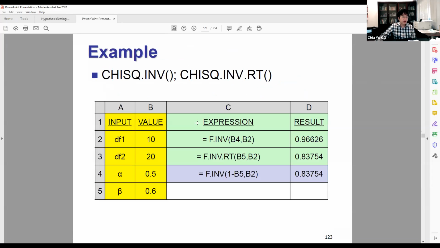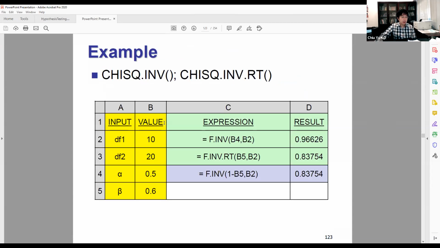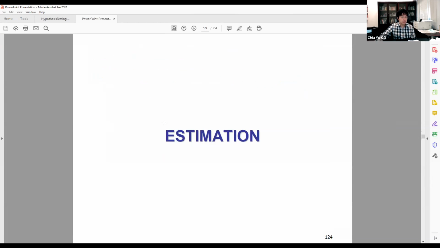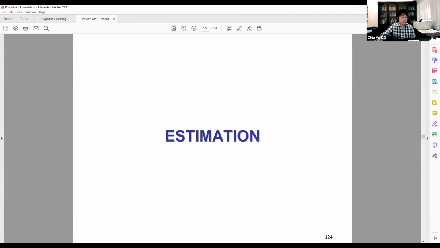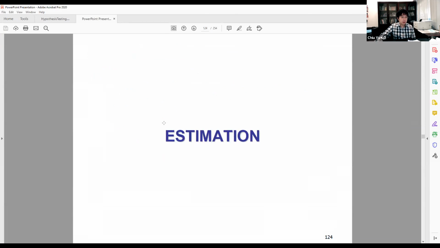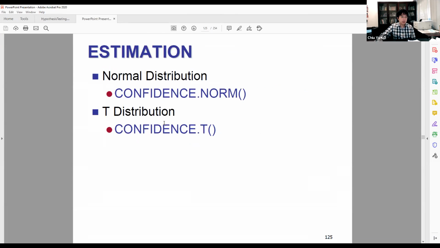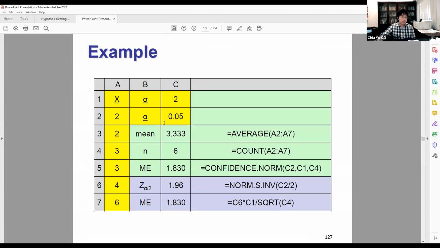I looked at the Excel slides, and there are many; we actually cover a lot. The first thing I want to cover is the estimation part, where you have a confidence interval. I think that would be the first thing we want to say.